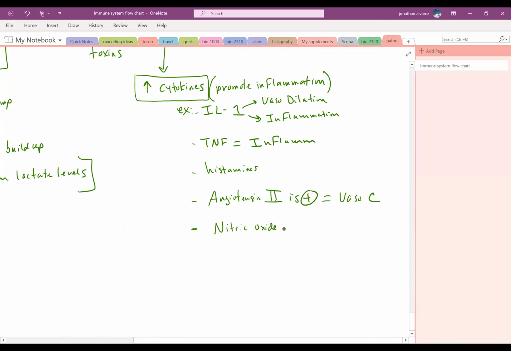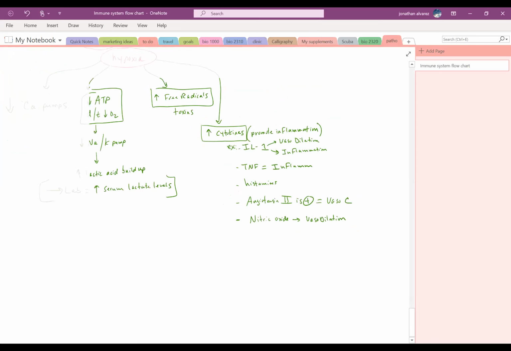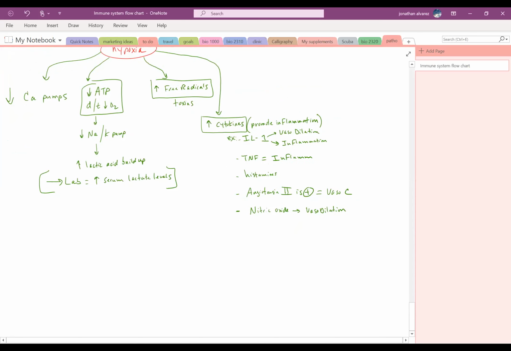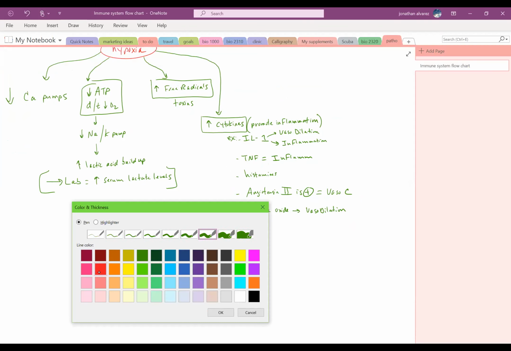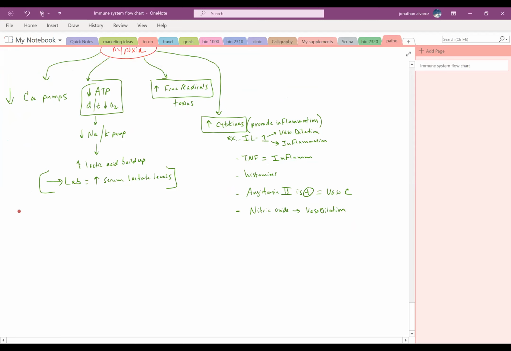So too much production of that, that's a vasodilator. And all of this can lead to cell death.